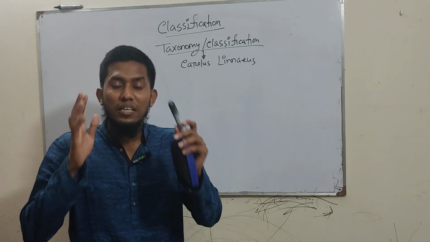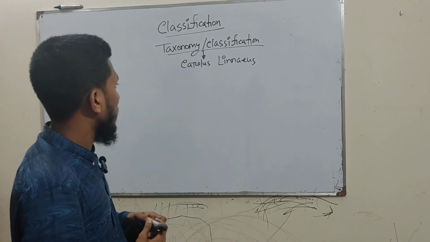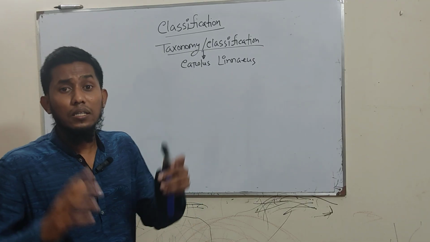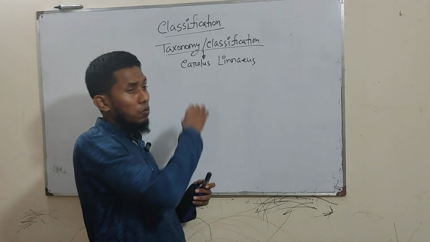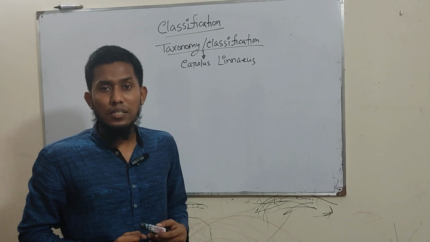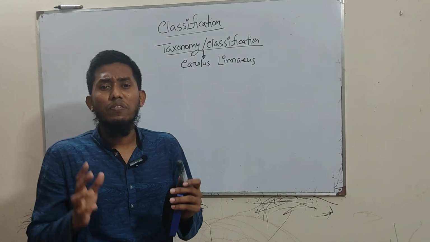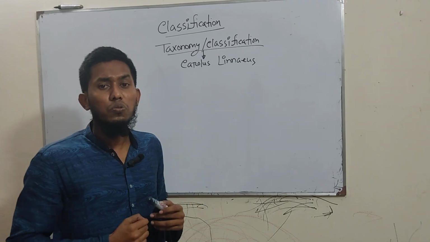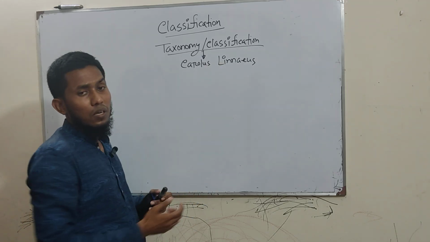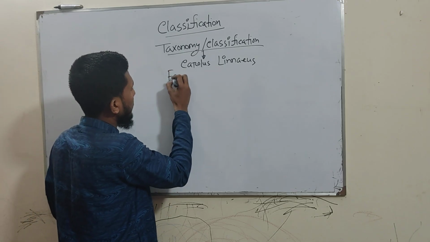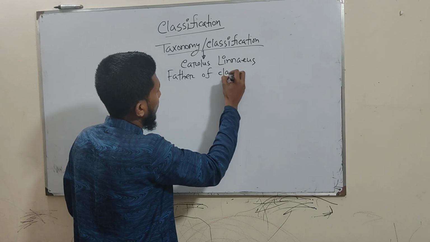For the first time, he classified the living world into two kingdoms, one is the plant kingdom, another one is the animal kingdom. So why do we consider him the father of classification? Because for the first time Carolus Linnaeus classified the living world into two kingdoms, plant kingdom and animal kingdom. That's why he is considered the father of classification. Very important information.